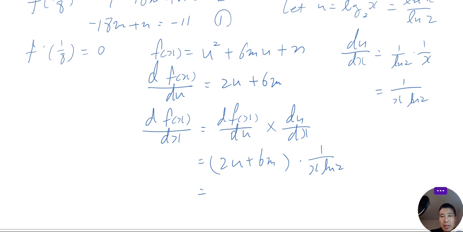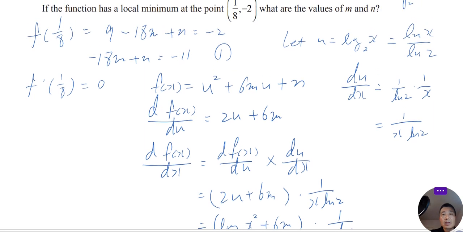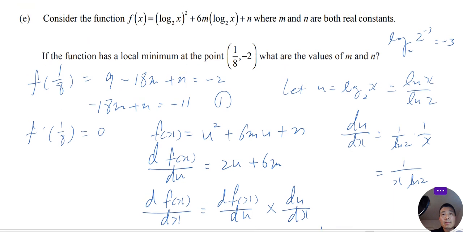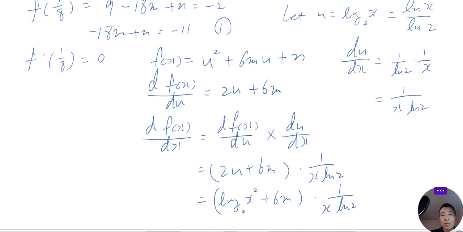So I say 2 times log x to the base of 2, plus 6m, times 1 over x ln 2. Right, so that was df(x) over dx, right? Yes, that's the one we want.